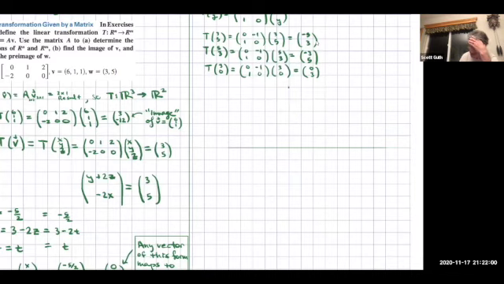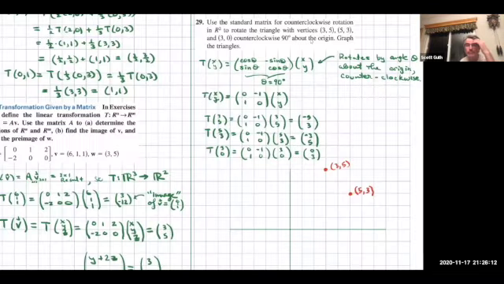See if I get this right. Okay, so 1, 2, 3, 4, 5. That's okay. And so we got (3, 5), (5, 3), and the third point is (3, 0). So I'll put that right there.